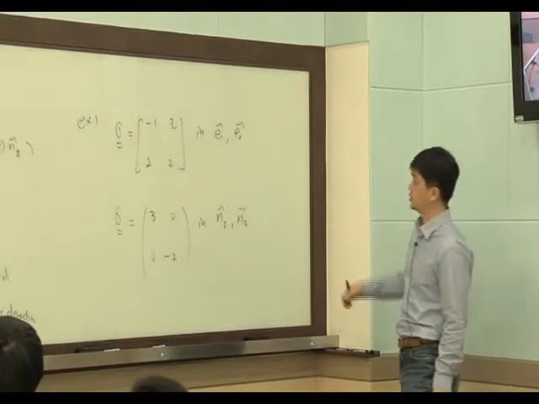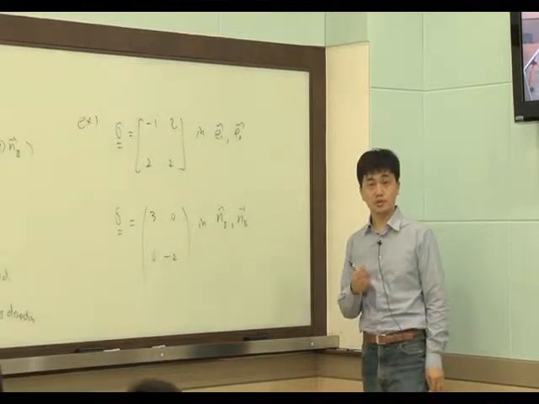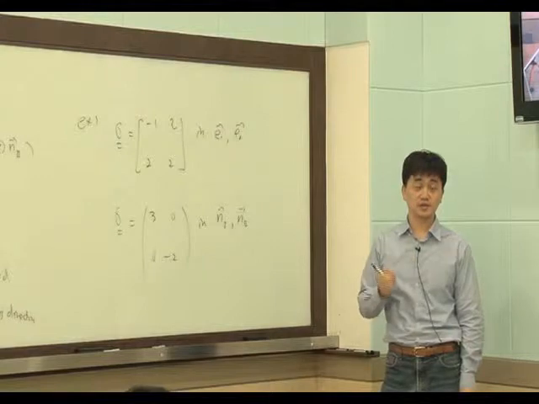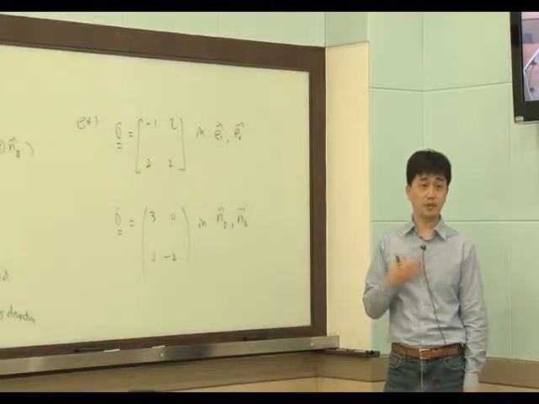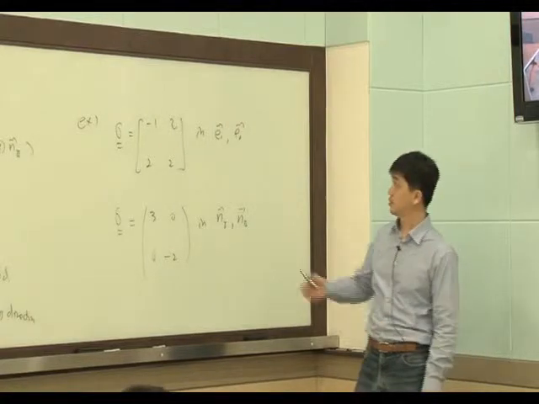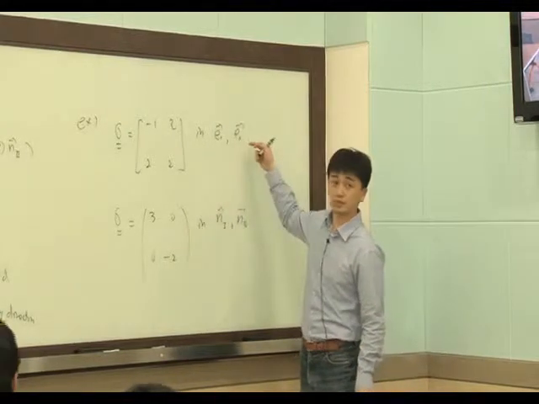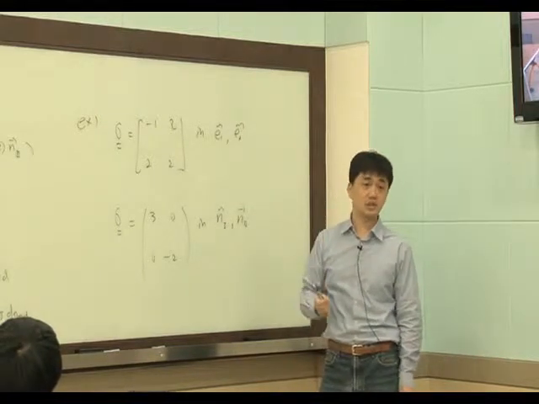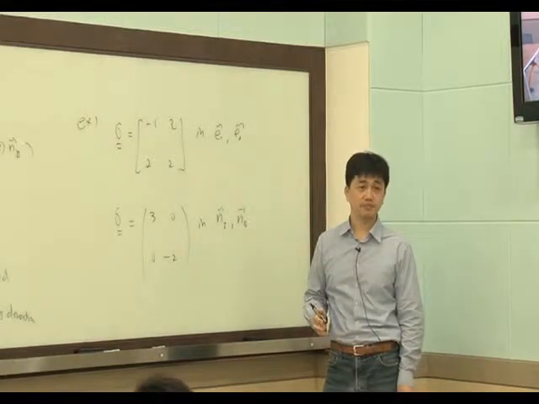Right? So you already know that if we change the coordinate system, the component of a vector, the component of a matrix will be changed, right? So the component is changed because we changed the coordinate system. But the physical quantity is exactly the same.